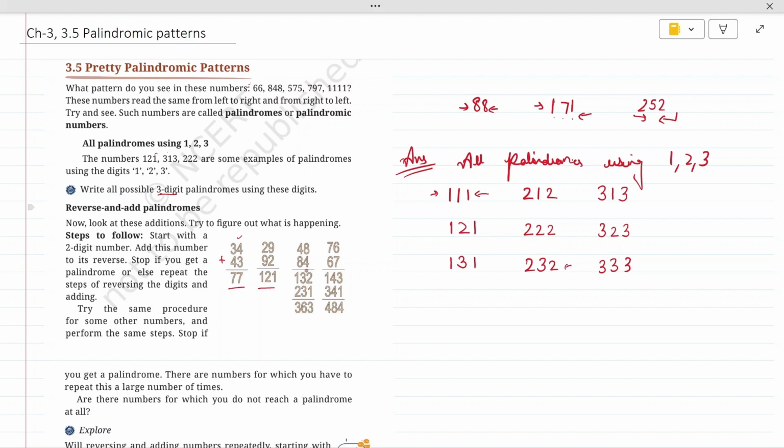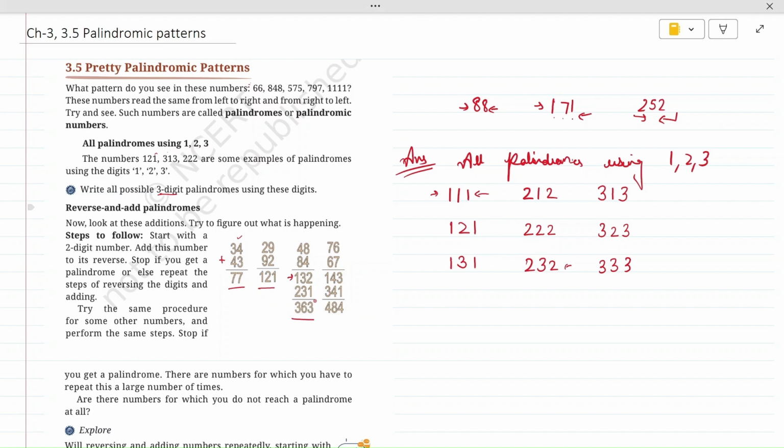So if the number we get from the addition is not a palindrome, they again take the reverse of that addition. The addition was 132 and now they are taking its reverse, which is 231. And again the same step, they are adding, and this time we are getting a palindrome number.